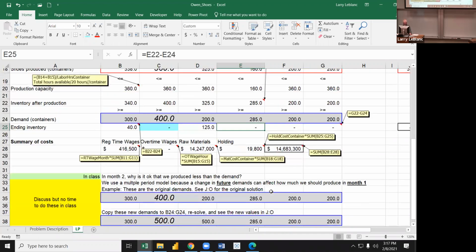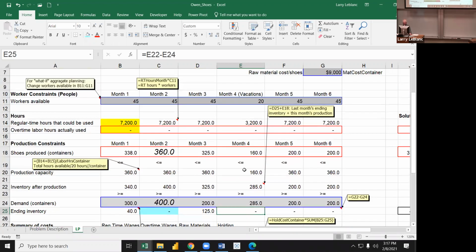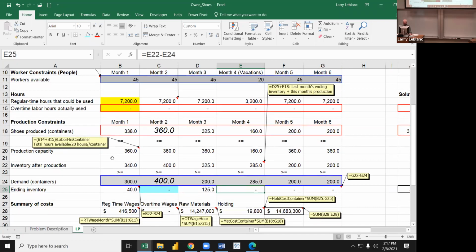The costs, let's look at the nature of the solution. We never use overtime. It's too expensive. Ending inventory is in the hundreds: 340 in one time period, 400 in the next time period, 325 and so forth.